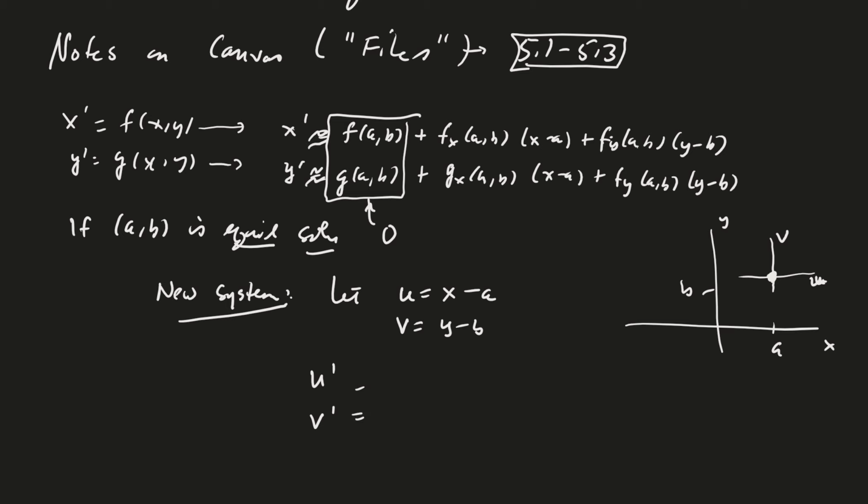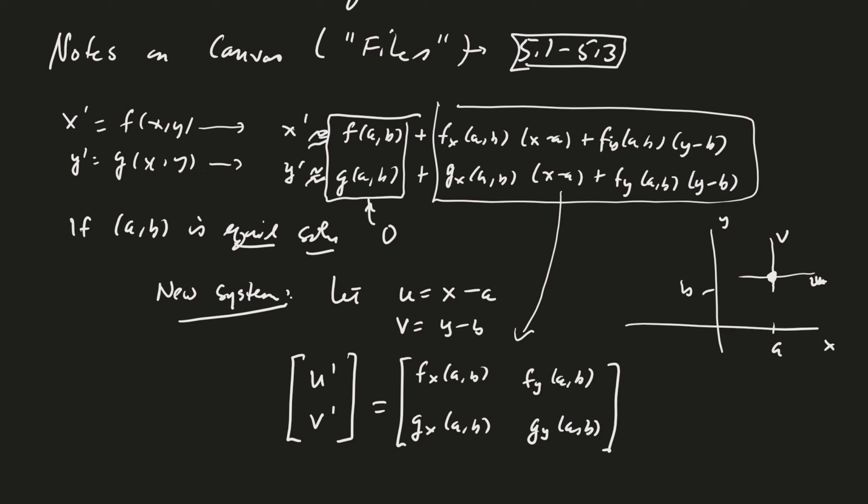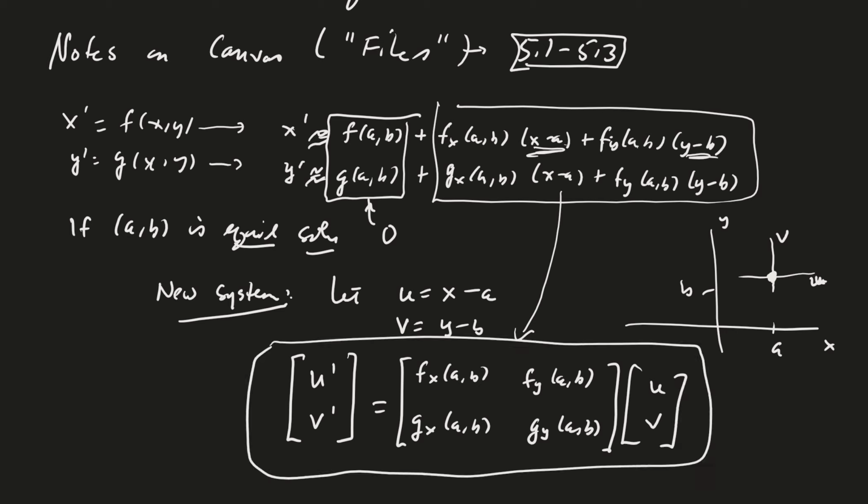Maybe I should write this in vector form, or matrix form. So I'm going to have f sub x at a, b, f sub y at a, b, g sub x at a, b, g sub y at a, b. And now instead of x minus a and y minus b, I'm just going to have u, v. And so this is the linear system that we're going to study around this equilibrium at a, b.